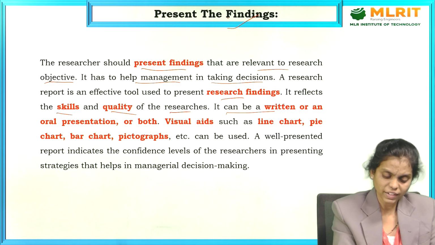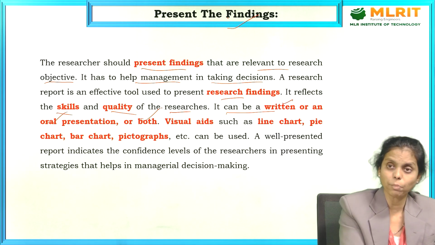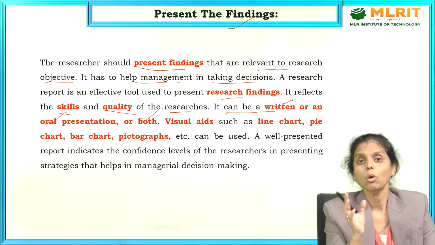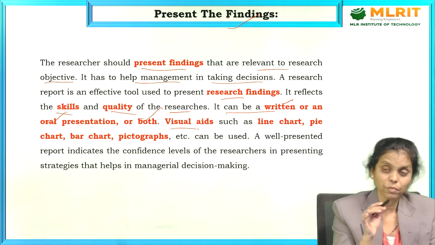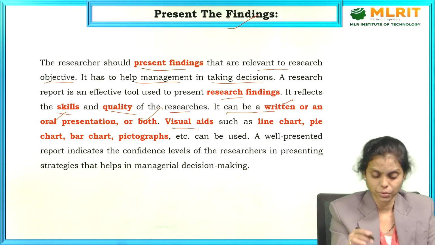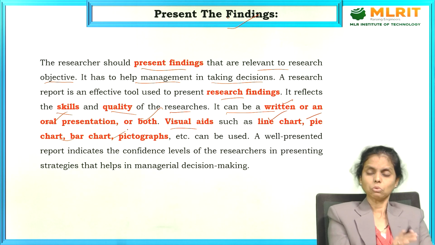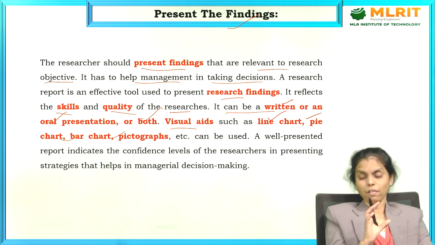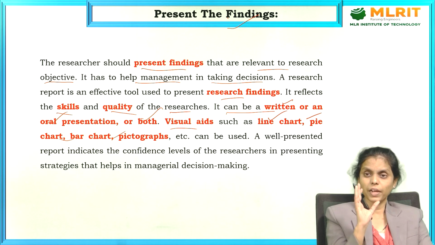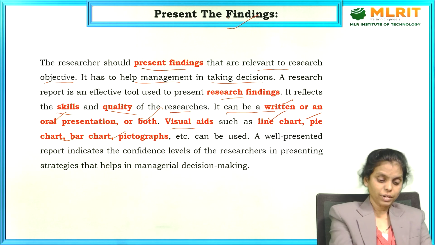By using either a written format or oral format, or in some cases we will use both. At the same time, different types of visual aids can also be used, like line charts and different types of charts, so that the data that we have analyzed can be reflected clearly to the audience.